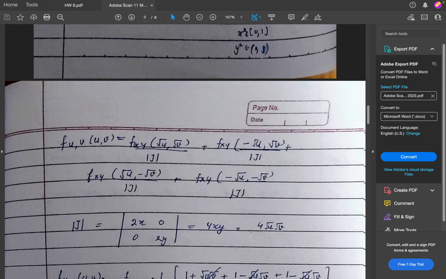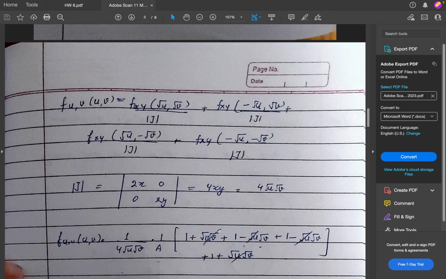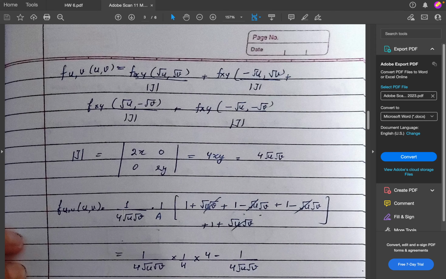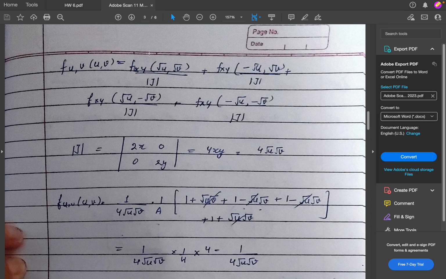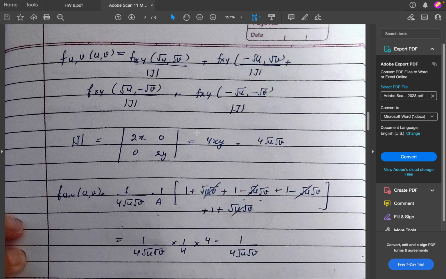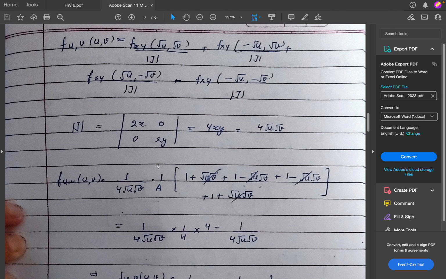So the Jacobian will be equal to 4xy, which is basically 4 root u root v. Now when we substitute the values into these four equations, we get the final value as 1 by 4 root u root v.